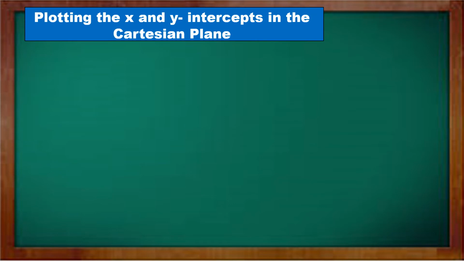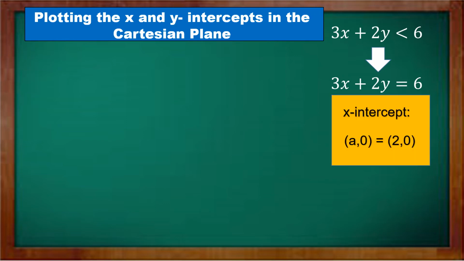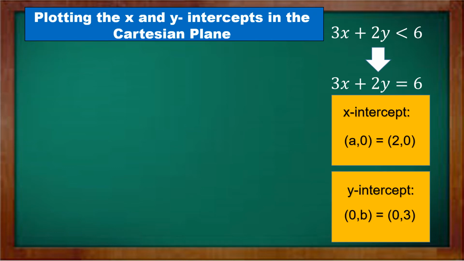After we get the x and y-intercepts, let's move on to the next step, which is plotting the x and y-intercepts into the Cartesian plane. From the inequality, we transformed it into an equation, and from that equation, we were able to get the x-intercept, (2, 0), and y-intercept, (0, 3).